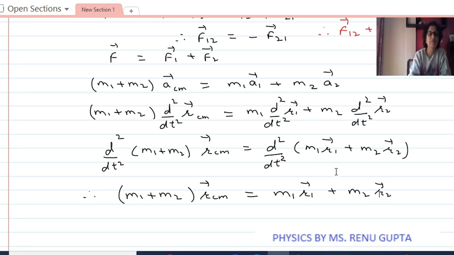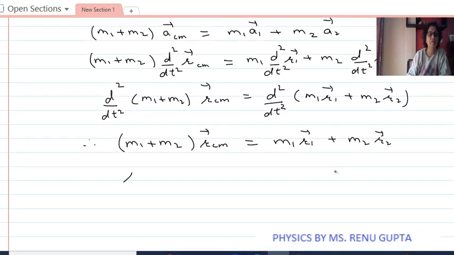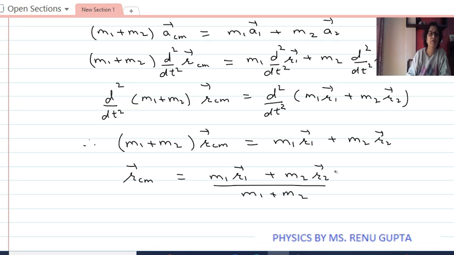Therefore, we can say the position vector of center of mass is given by m1 r1 plus m2 r2, whole divided by m1 plus m2. So this is the relation for the position vector of center of mass for a two particle system.